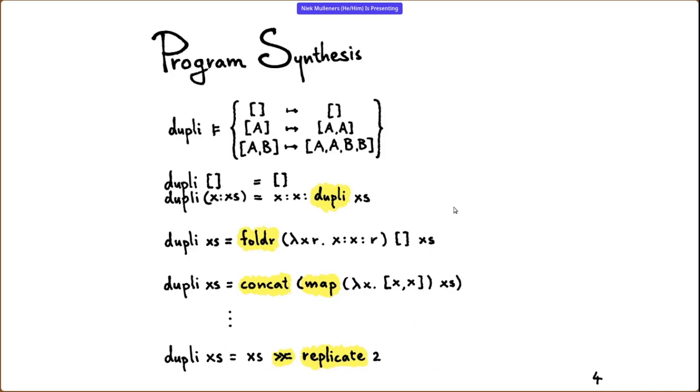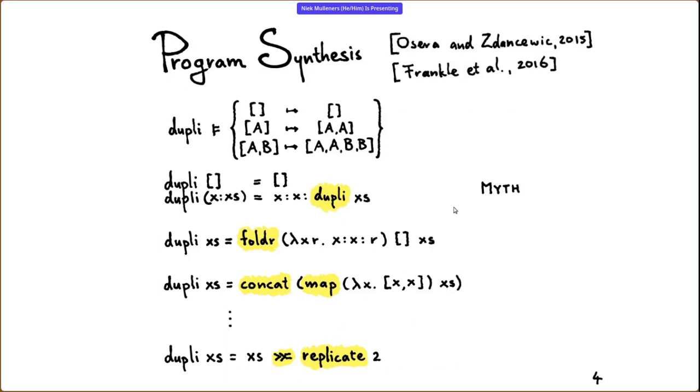Now, there are different kinds of synthesizers that use input-output examples, as I've shown, and types to implement functions. So, for example, there's Myth implemented by Osera and Zdancewic, and then extended by Frankle et al., which uses structural recursion to basically implement the first definition of dupli that I'm showing.